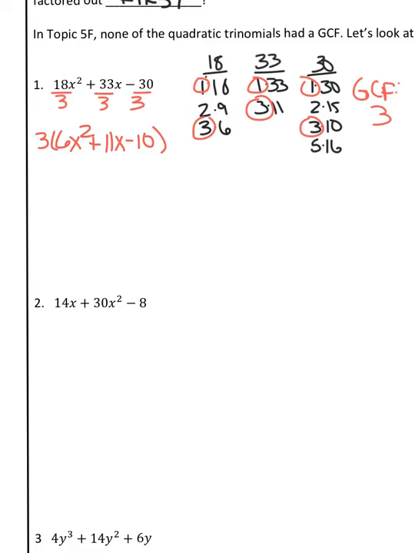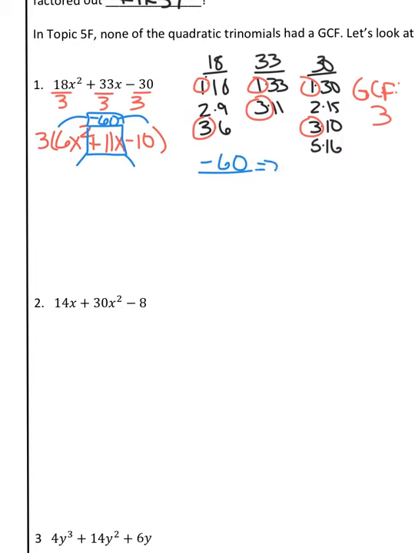I'm going to change to blue here. I'm going to box that middle term. If you remember from last week, we're going to grab the 6 and the negative 10. 6 times negative 10 is negative 60. So we're going to find the factor pairs of negative 60.